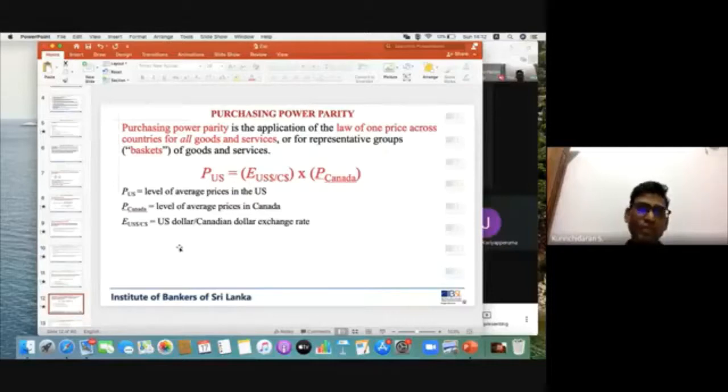What would be your answer? Somebody asks, what are the price movements in Sri Lanka? Just think. If anybody can answer this question, I would be more happy.